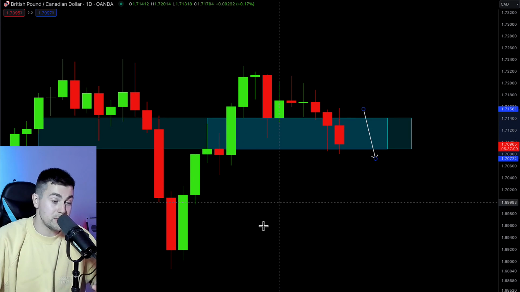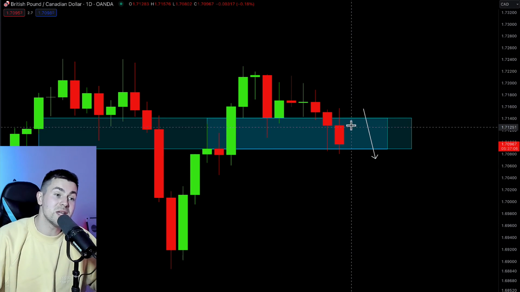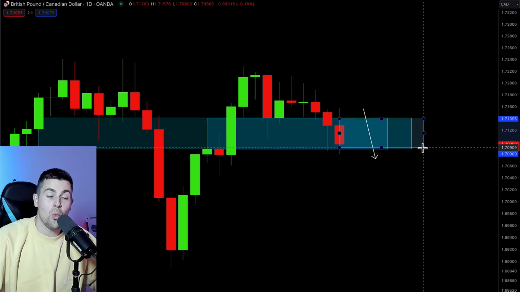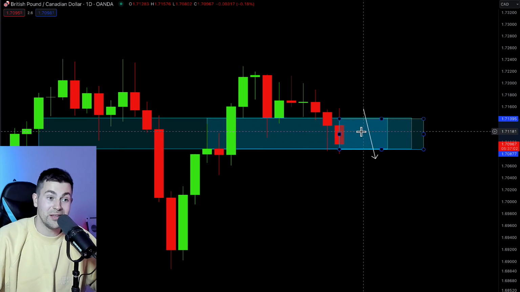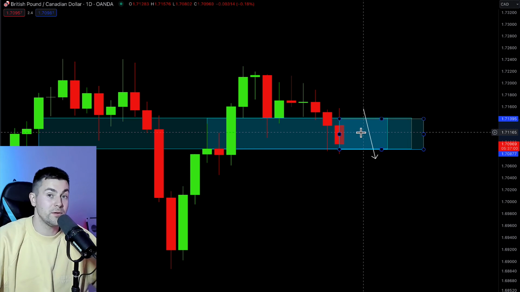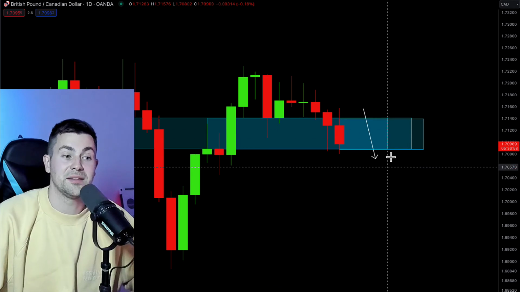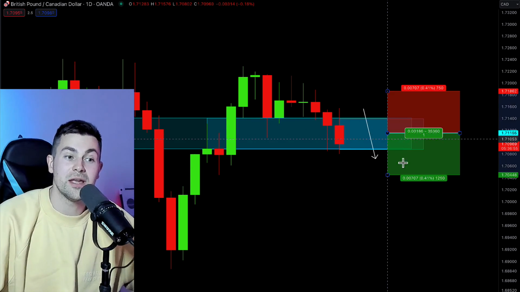After the violation of that horizontal neckline, we will set our sell limit order on a retest of a broken neckline. That area will be the perfect area for us to sell, and I will set my sell limit somewhere in the middle.